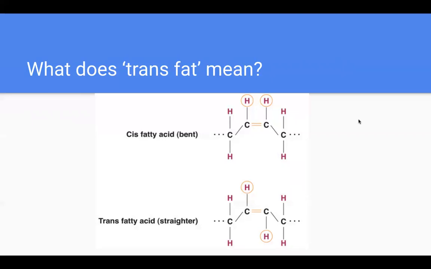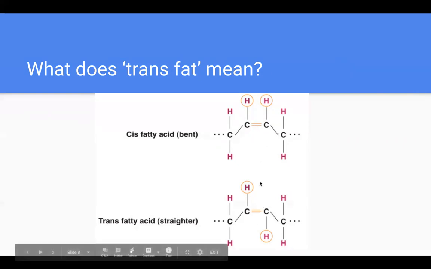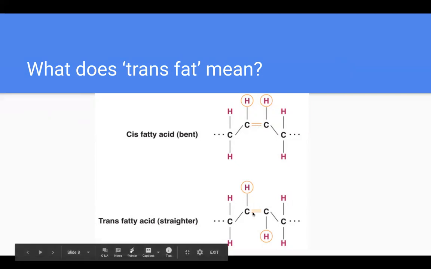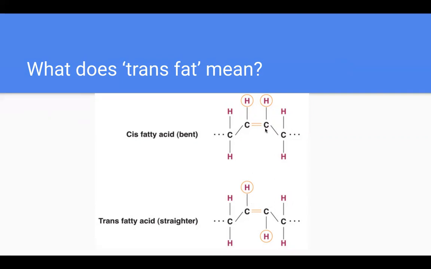Now, a final term that we probably have heard is trans fat. So what do we mean when we are talking about trans fat? As we can see, these are both unsaturated fats. There's a connection or a linking between these two carbon atoms. So it's not filled to capacity with hydrogen, making it unsaturated.